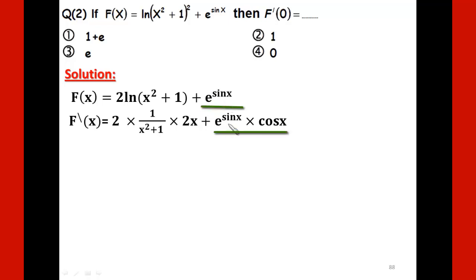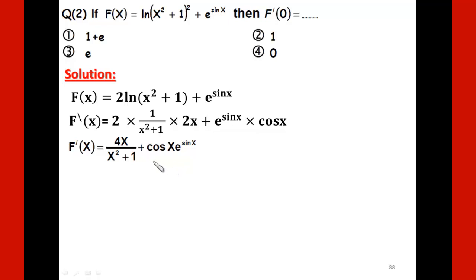It is e power sine x itself multiplied by the derivative of the power. Derivative of sine x is positive cosine x. And we simplify this to be 2 multiply 1 multiply 2x equals 4x over x squared plus 1, plus cosine x multiply e sine x.